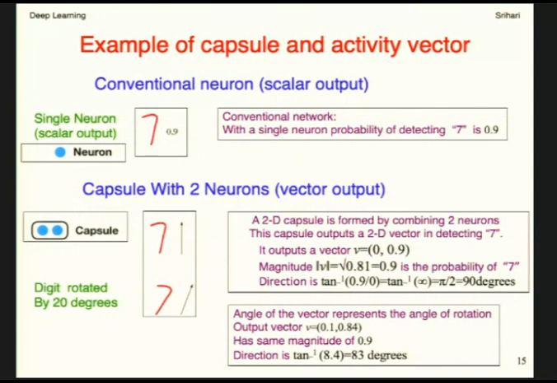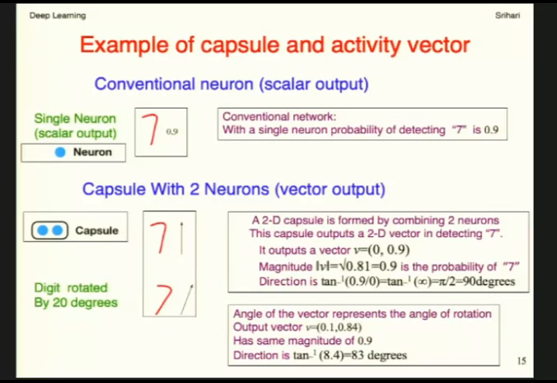So here's a more concrete example with handwritten digits. Most research in AI, machine learning, deep learning, etc., begins with handwritten digits as a starting point. If we had a conventional neural network, on the top you have the handwritten digit 7 and a single neuron, an output for that image of 7 coming out as 0.9.